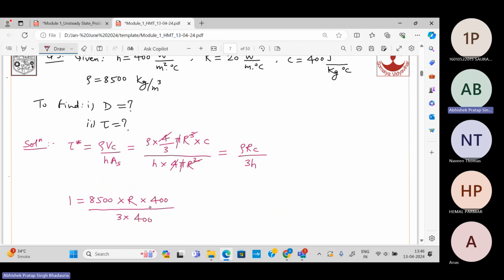So we have one equation and one unknown, that is r. Just solve it and we can find the value of r. The calculated value of r is 0.353 mm.